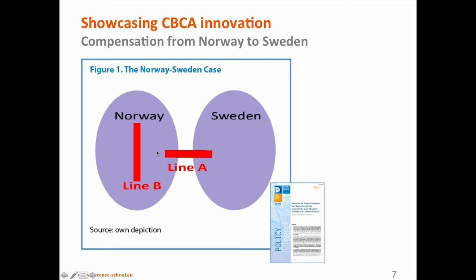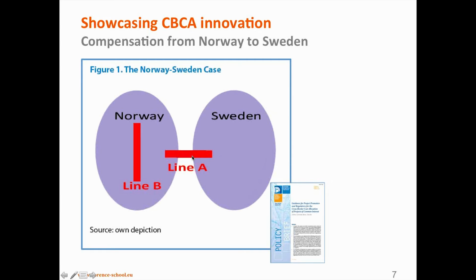But it turned out that it was easier and quicker to connect mid-Norway with Sweden, so this line A. In other words, this cross-border connection was very important for Norway. If you look at it from the Swedish point of view, this line was already discussed between Norway and Sweden at that time.